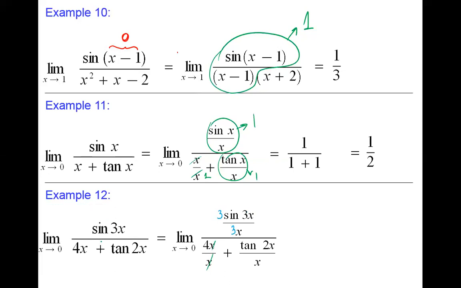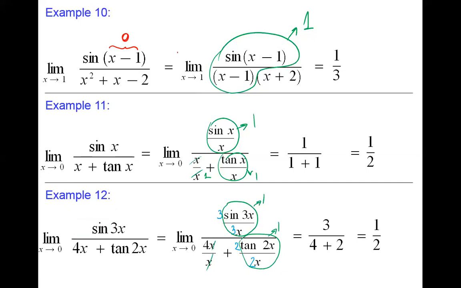And now, since I have this 3x in the denominator, I can use it. That means this is 1, but what stays? 3 outside. And the same for this one, tangent of 2x over 2x. Then I can use the property. This is 1. That means what stays? 3 on the top, 4 plus 2 in the denominator. 3 over 6, 1/2.